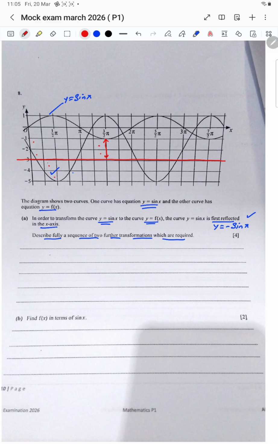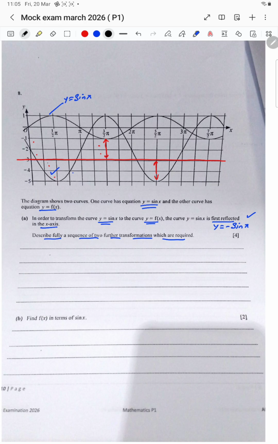It's 1 2 point here, 1 2 point here, same. Just doing my mental calculation on the question. Here it says describe fully a sequence of two transformations which are required.